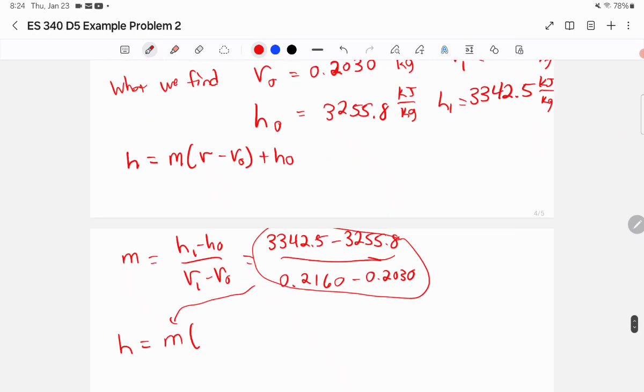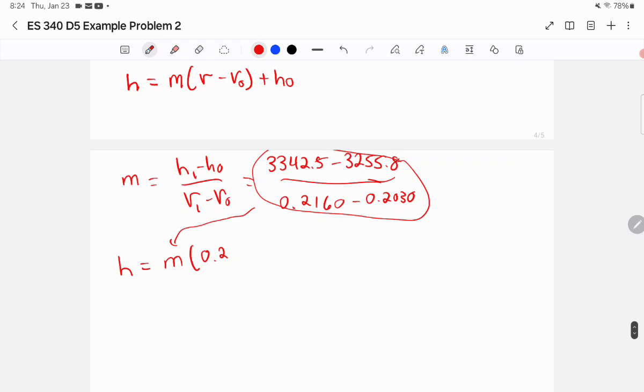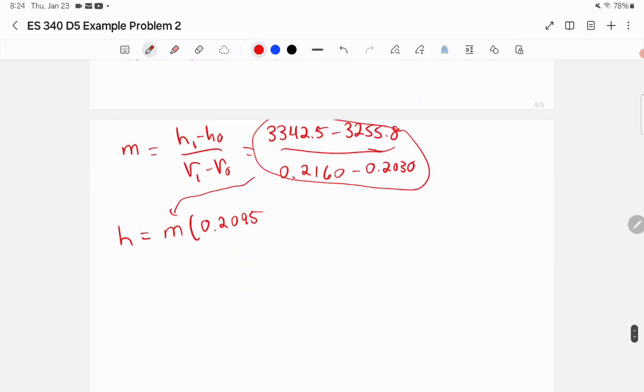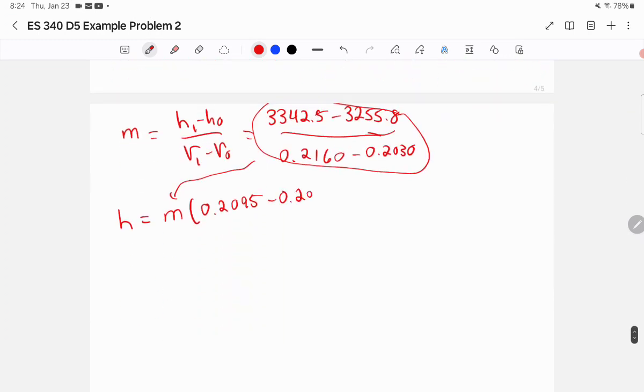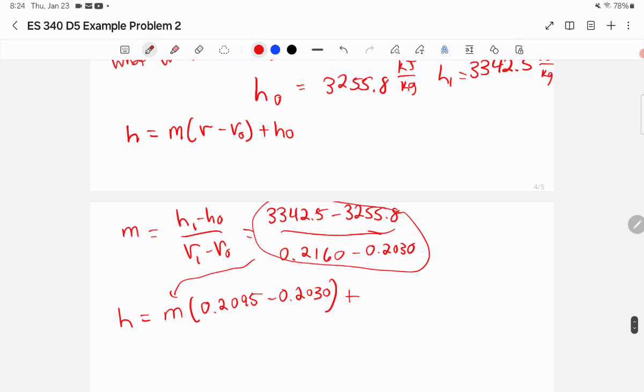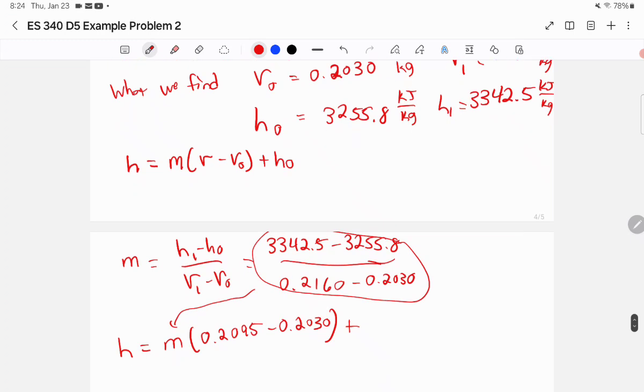The V that we were looking around was 0.2095. V naught is 0.2030. And H naught was 3255.8.